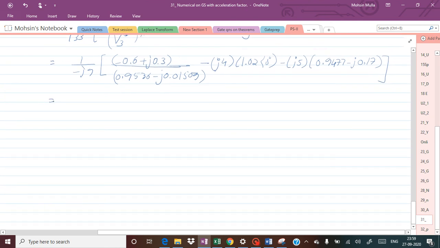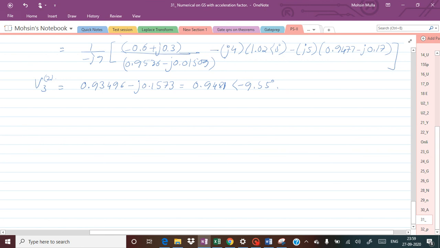So simplify this: 0.93496 minus j0.1573, which can be written as 0.9481 at an angle of minus 9.55 degrees. Okay, so this is the value V3 of 2.